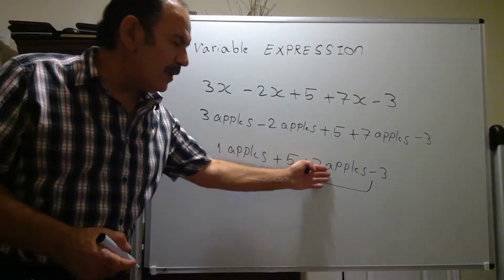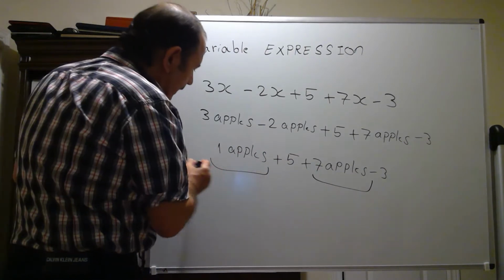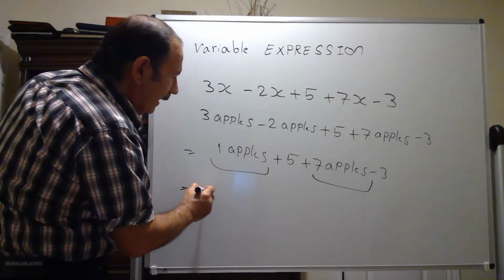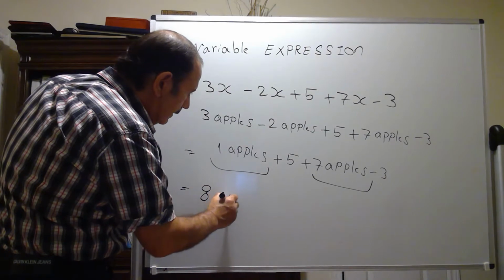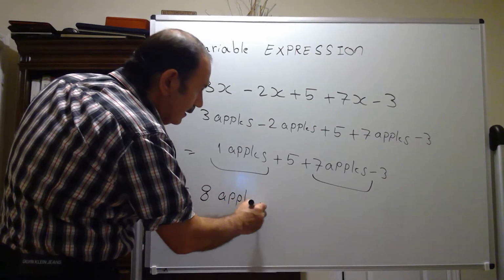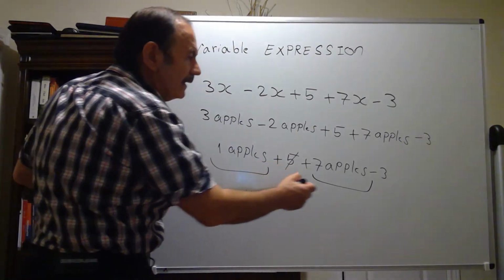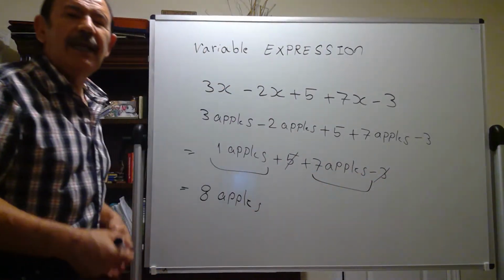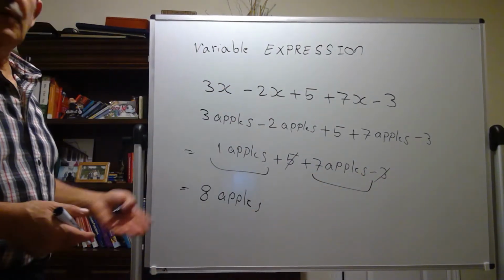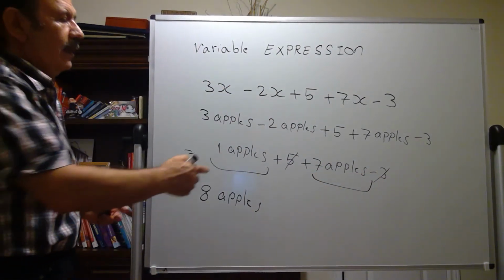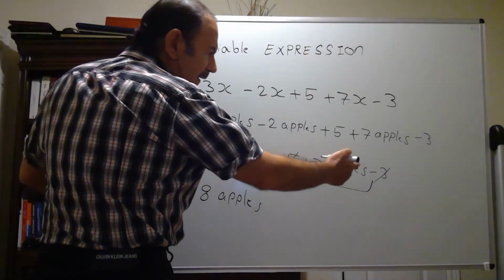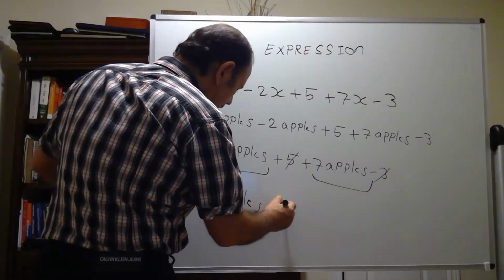1 apple plus 7 apples is going to be equal to 8 apples. And this 5 and this negative 3, again, I can simplify them because both are values or numbers. Plus 5 minus 3 is going to be plus 2.